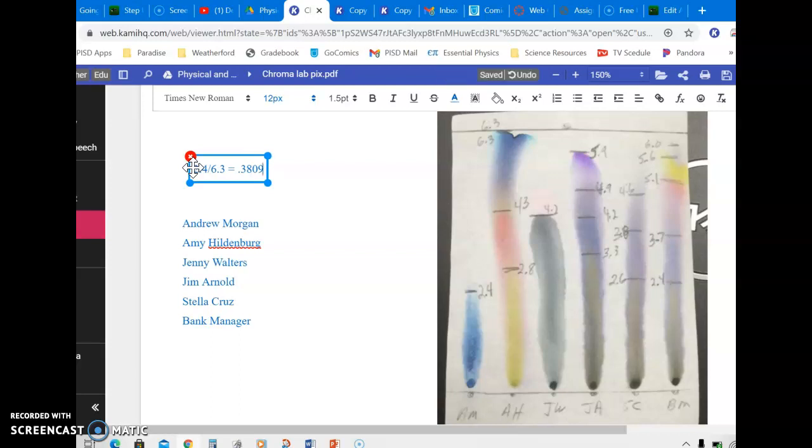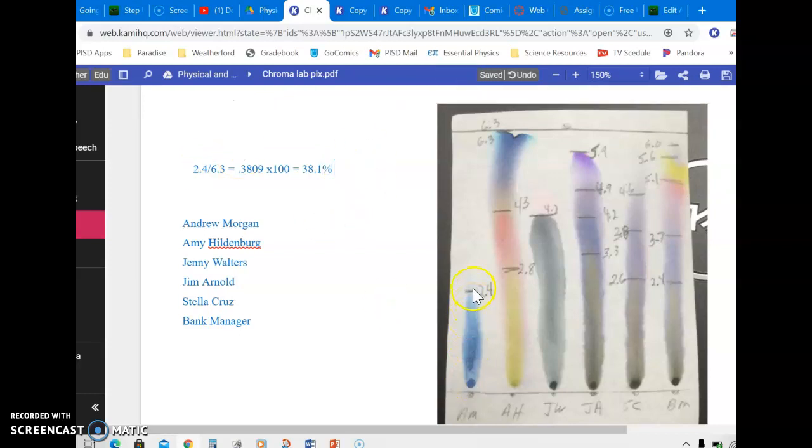Then we take that number and multiply it times 100, and that gives us the final answer, which in this case would be 38.09. We want to round it to one decimal place, so we would round that to 38.1%. In other words, the ink in Andrew Morgan's went up 38.1% of the way to the top.